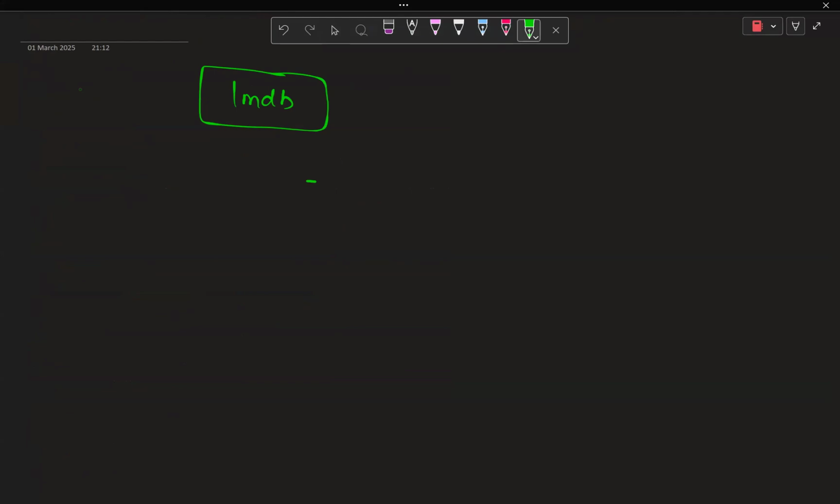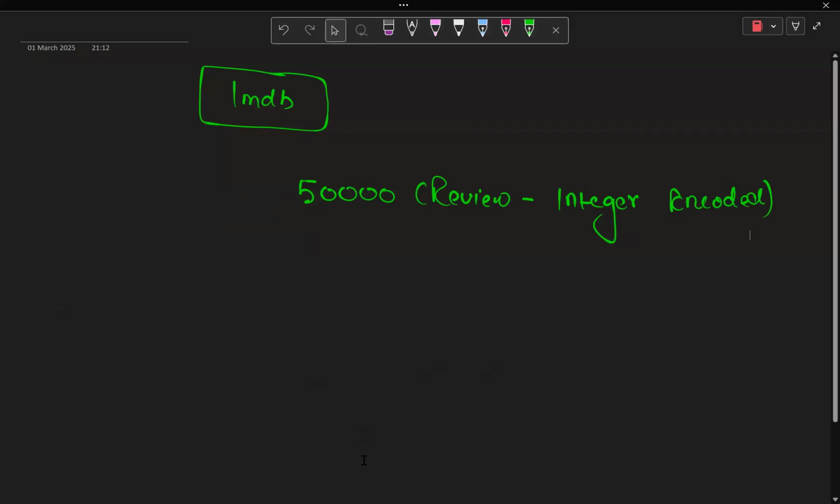So this data set contains 50,000 reviews. Reviews are integer encoded. I will discuss later what integer encoded means.